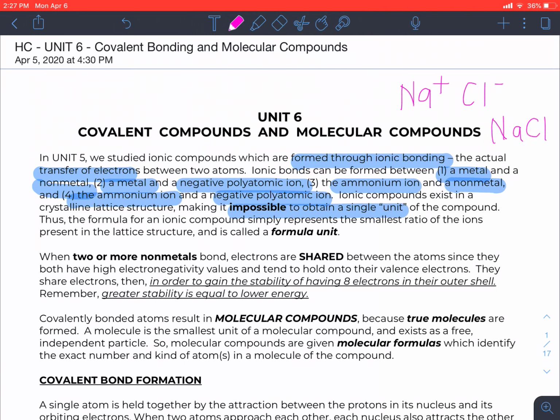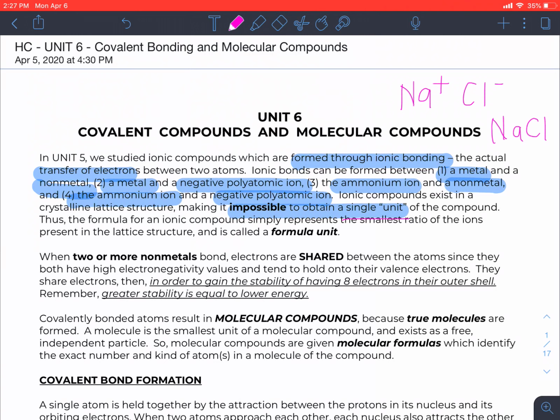In a single unit, or crystalline lattice, we don't just have one of each ion present solely. You have probably thousands of them, but in that ratio of 1 to 1. So it makes it impossible to obtain a single unit of the compound.